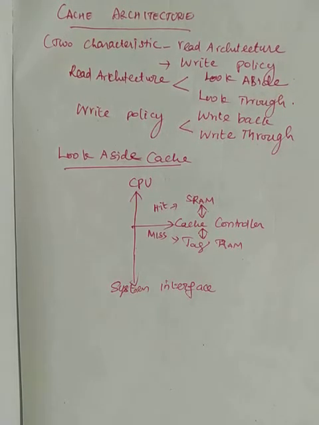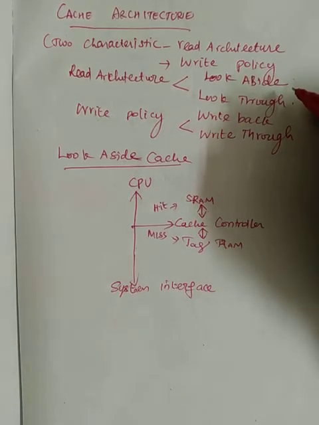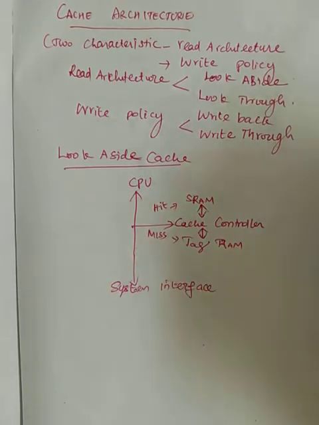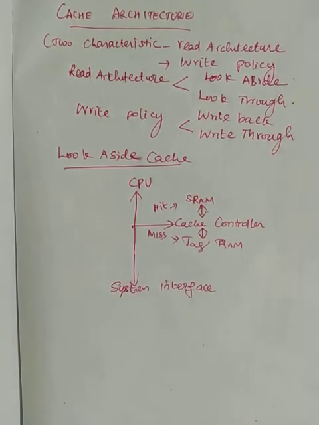Read architecture and write policy are the two characteristics. Read architecture is again classified into look aside and look through, and write policy has write back and write through. I'll be discussing this terminology now.